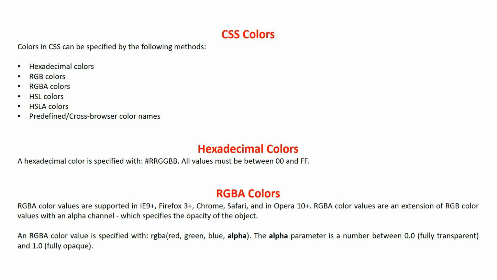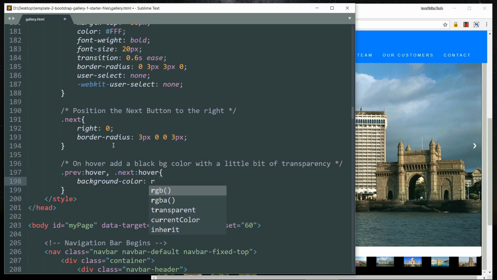So we are using RGBA, and this RGBA color values are an extension of RGB color values with an alpha channel, and this alpha channel specifies the opacity for a color, which means it works like an RGB with this alpha channel which specifies the opacity.